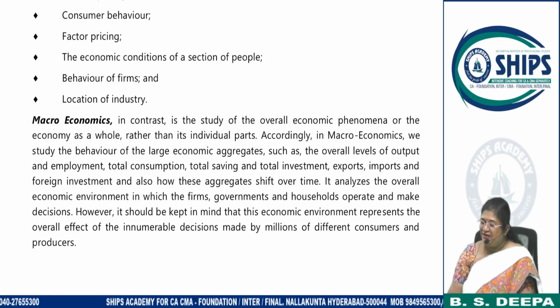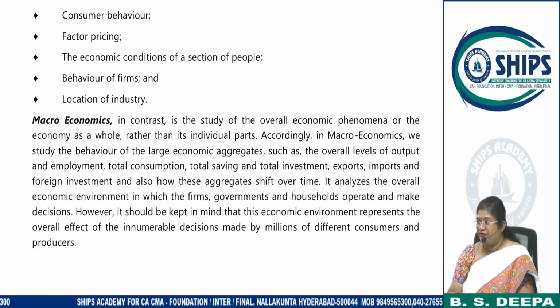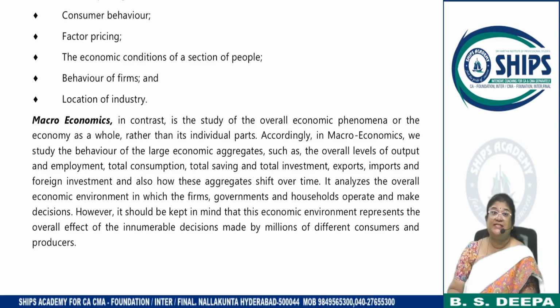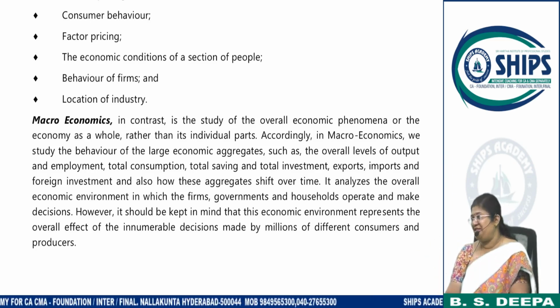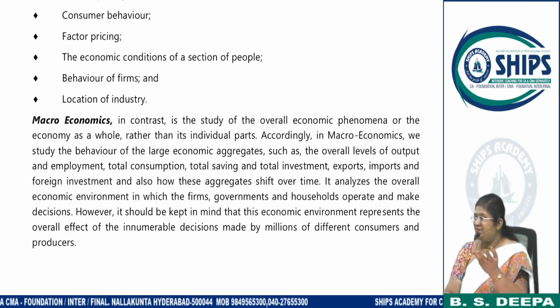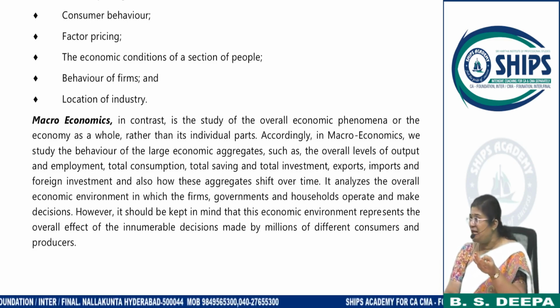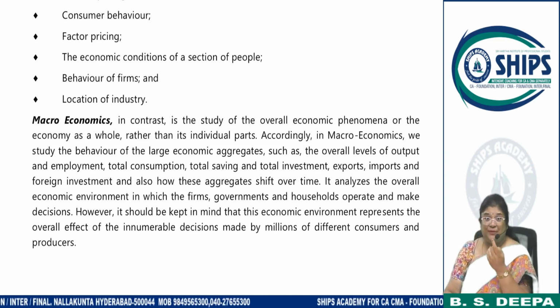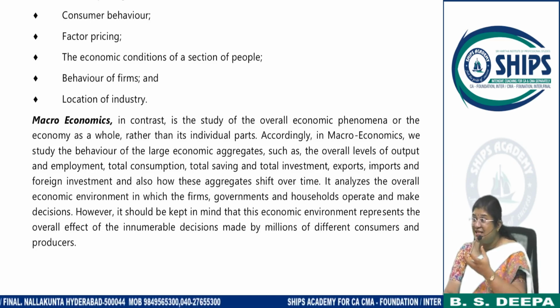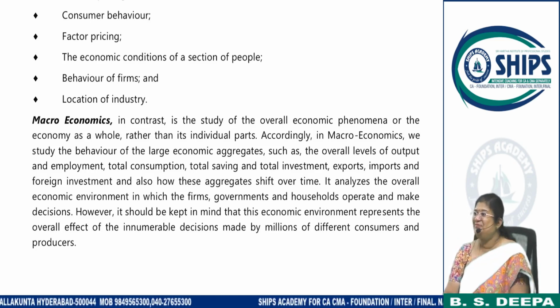So when we are talking about location of an industry, we are trying to find out what circumstances were favoring that industry to be situated in that place. There must be raw materials, there must be labor available, there must be capital. That is the reason why those industries are located at a particular place.